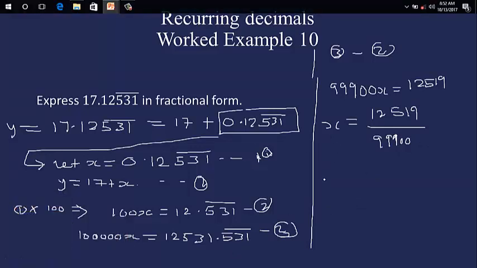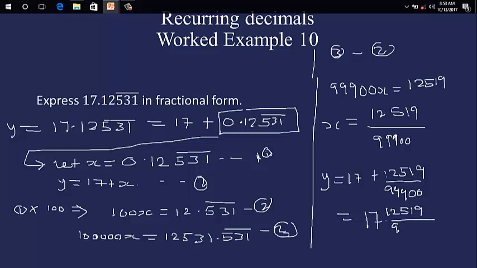Now our y will be equal to 17 plus x, which is 12519 over 99900, and this is the same as 17 whole number 12519 over 99900.